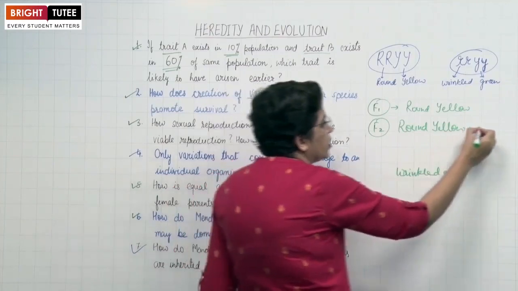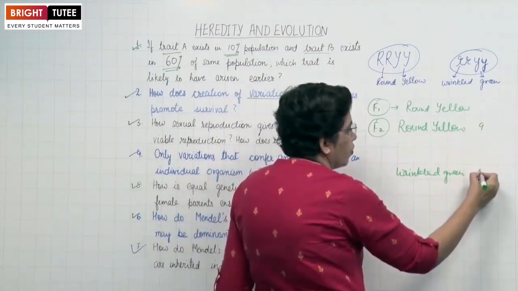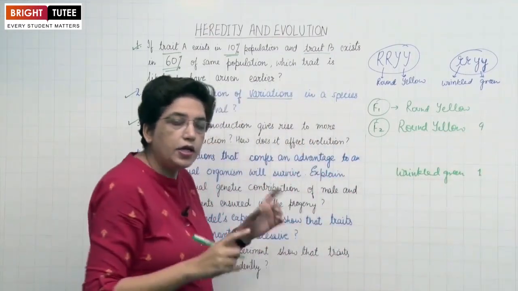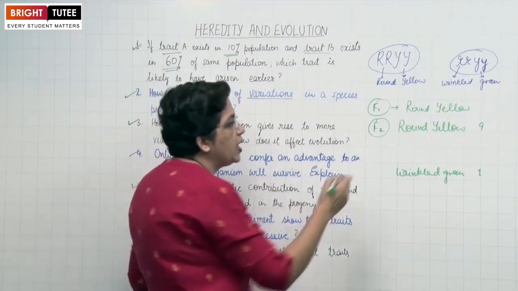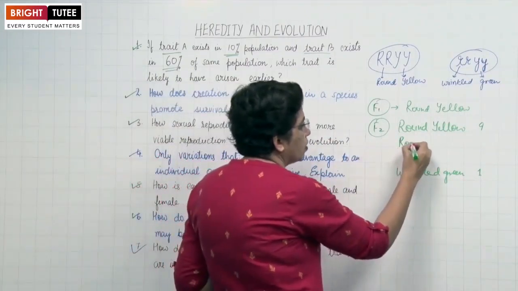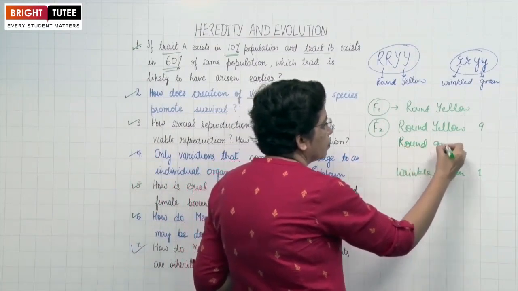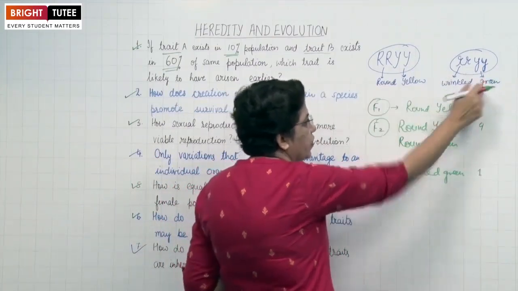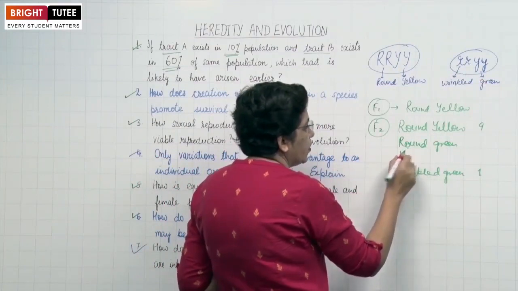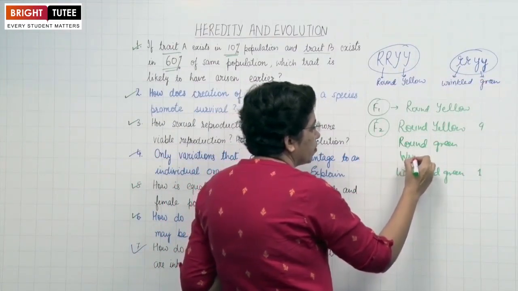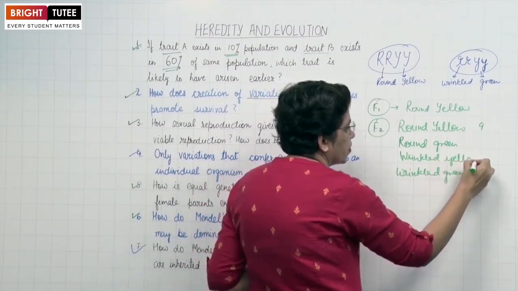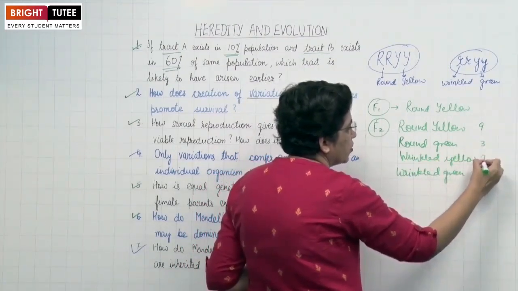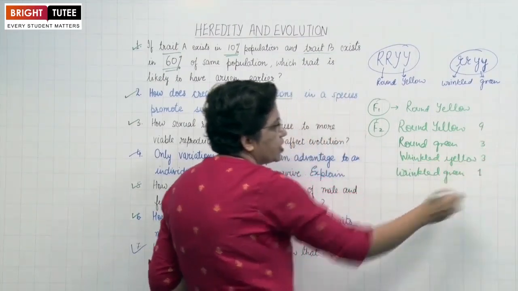So the ratio was 9:1, but a new type of plant was observed in F2 progeny. They were round with green. Another was wrinkled yellow, in the ratio 3:3. So 9:3:3:1.